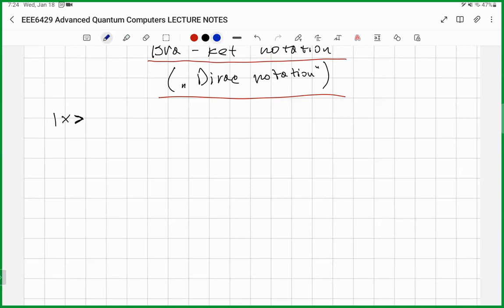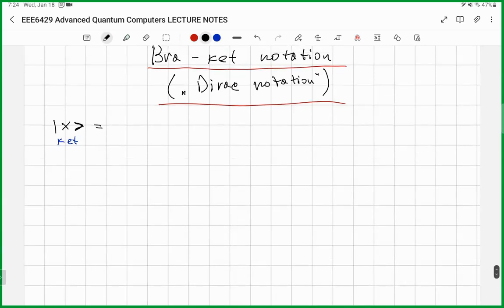So this is called a ket. And this ket is again represented by its components, x1, x2, all the way down to xn, the column of components.